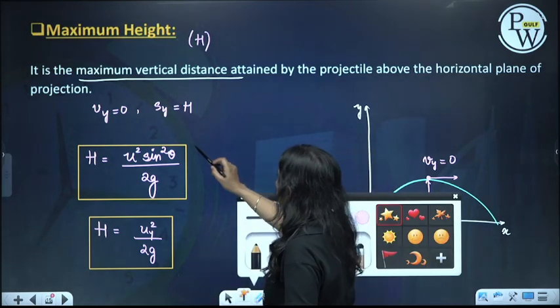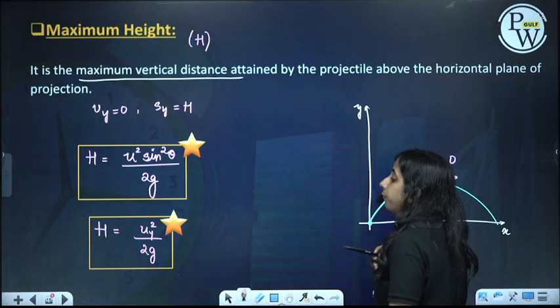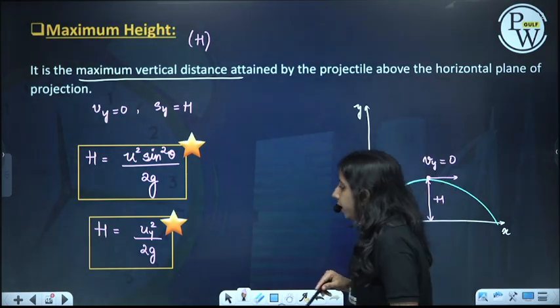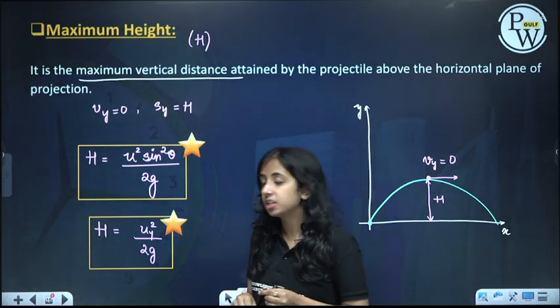So these are the maximum height in the theta form and in the xy form. In xy form, Uy square by 2g is our maximum height.